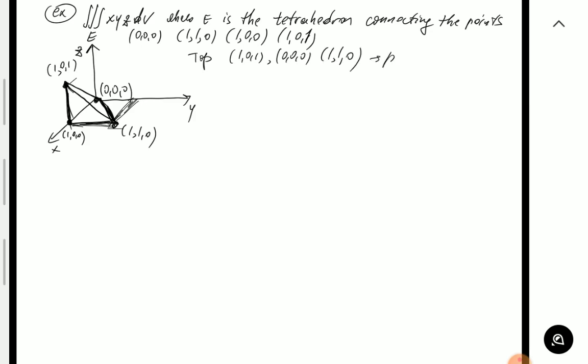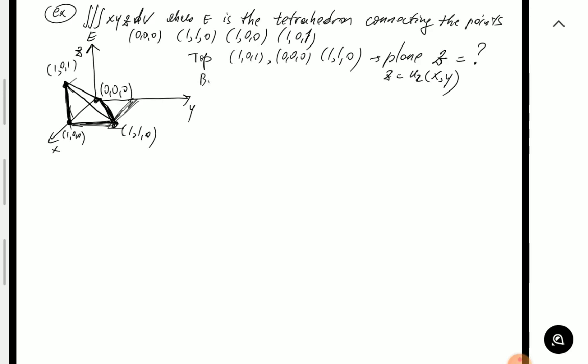Obviously, that's going to be a plane, so it's my job to write that plane as an equation in x and y, because that's going to be my upper bound. Clearly, this line here is a vertical line, the one from (1, 0, 1) to (1, 0, 0). So this top triangle projects onto the bottom triangle, which becomes the common domain.